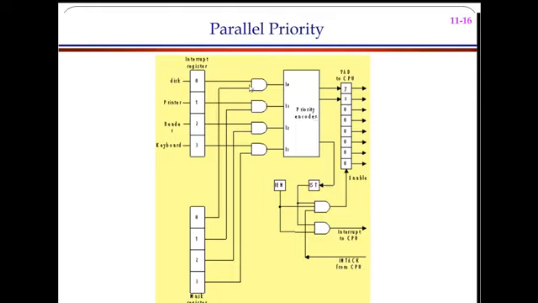If I take this as my lowest priority and this as my highest priority, and suppose your disk, your keyboard and your reader send an interrupt request, what does the priority encoder do? Out of these, the reader has the highest priority, so the I2 value is given as the output, and I2 will get the service first.